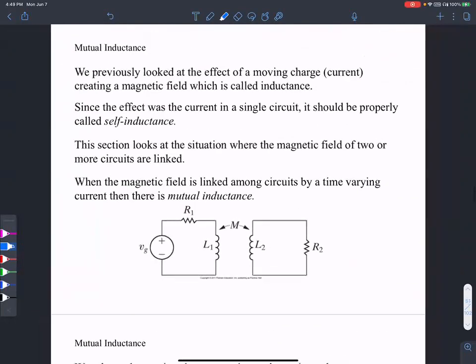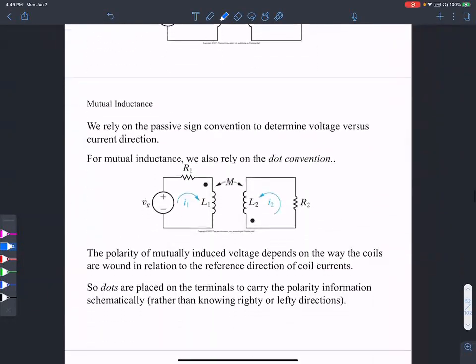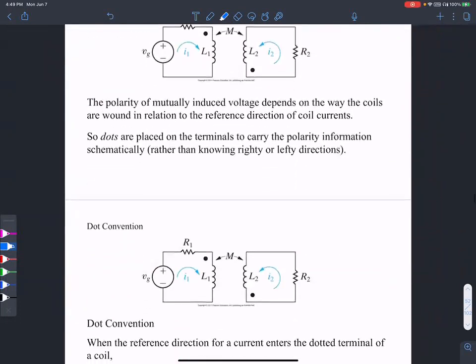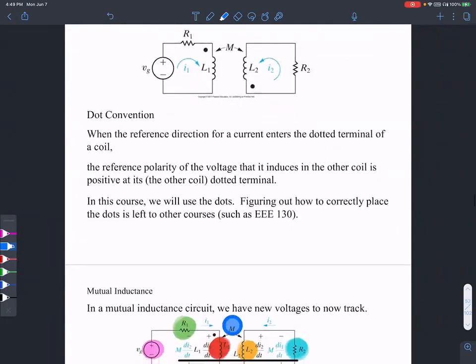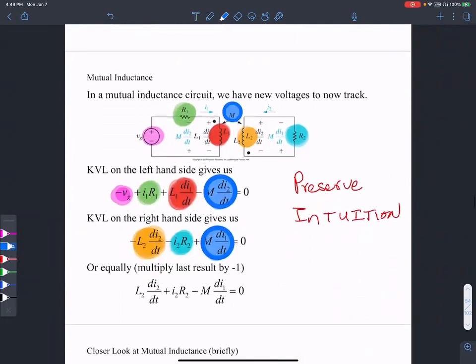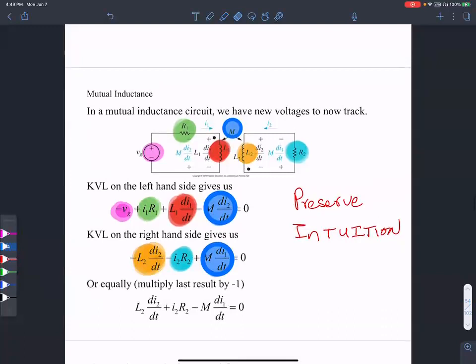Let's quickly finish up this idea of mutual inductance, because that is important for our transformer.